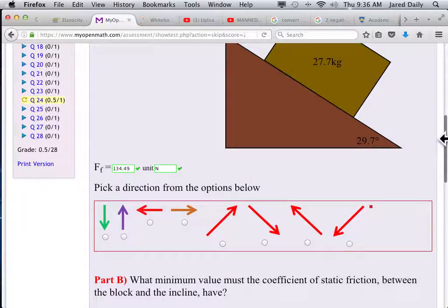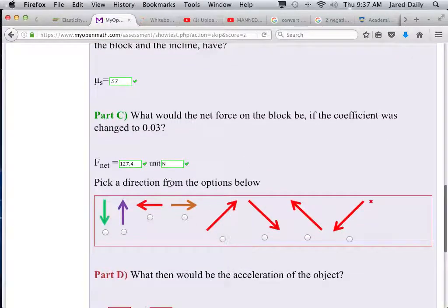So this one is trying to slide this way, so the friction will go upward to the left, right? But what's this block doing since it has almost no friction? It's going to slide down, so the force is definitely going to be down to the right, correct? So let's check that really quick.